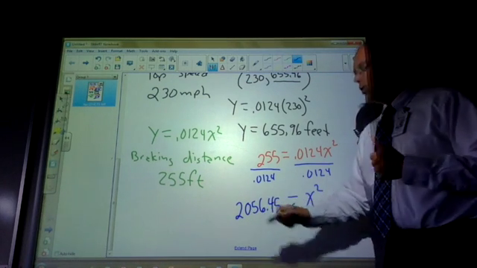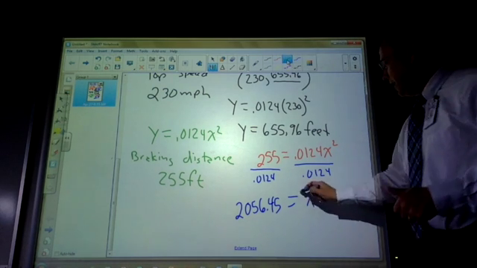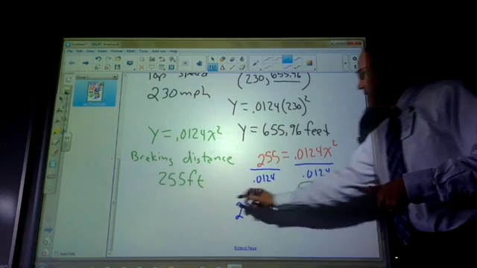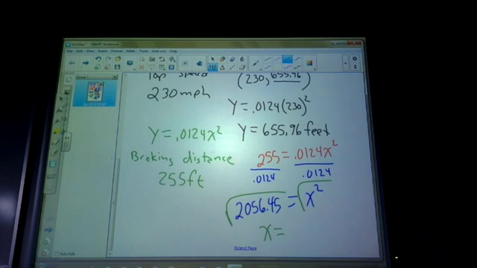2056.45. You're absolutely correct. So that's what x squared is equal to. How do I know what x is equal to then? No, not divide. Square root. Square root each side. So what is the square root of 2056.45? 45.34?